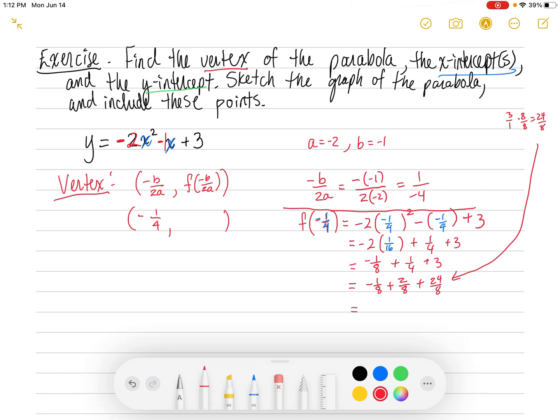So I'm going to have over 8, negative 1 plus 2 plus 24, some basic arithmetic using fractions. Negative 1 plus 2 is 1, 1 plus 24 is 25, so I got 25/8. So 25/8, what is 25/8?